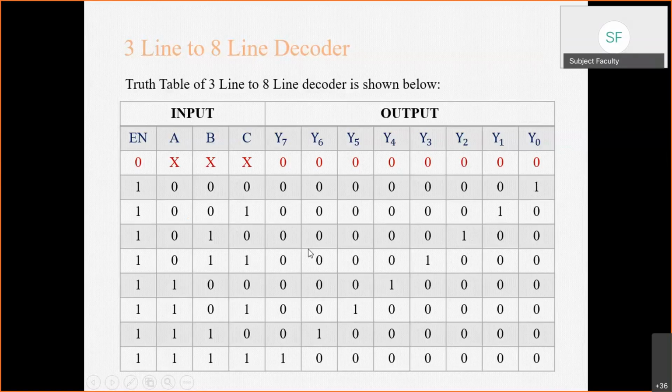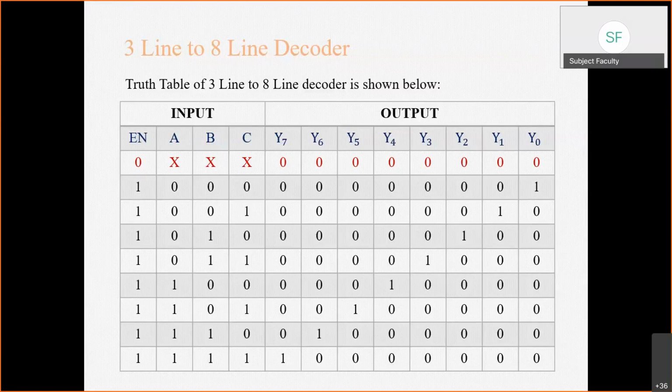In this way, we have seen the 2 line to 4 line decoder, then the 3 line to 8 line decoder. It can go on. The next decoder will be the 4 line to 16 line decoder. Then 5 line to what? What will be the output for a decoder with 5 inputs?